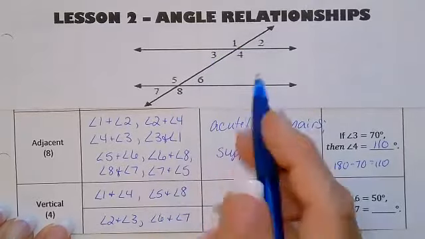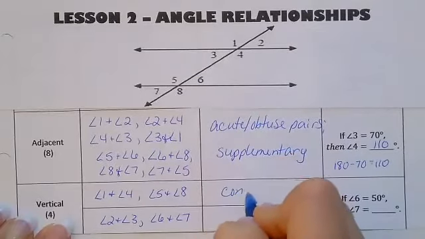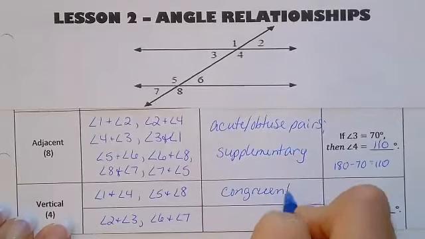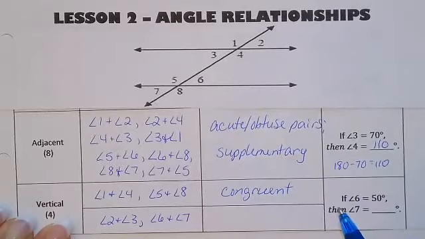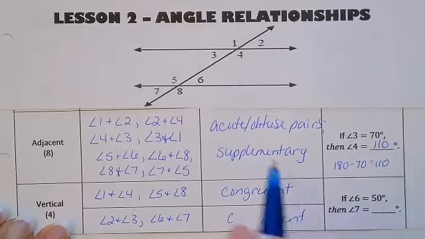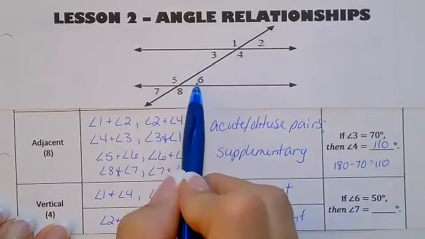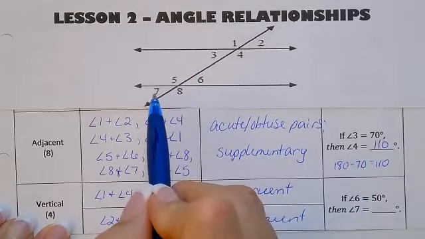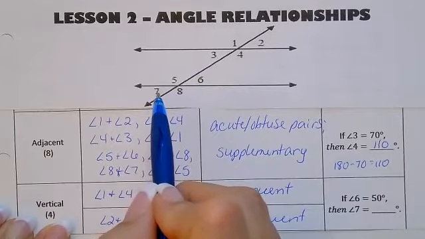So vertical angles are congruent angles. 2 and 3, 6 and 7, also congruent angles. So if angle 6 equals 50 degrees, then angle 7 equals what? If angle 6 is 50 degrees, then angle 7 is also 50 degrees.